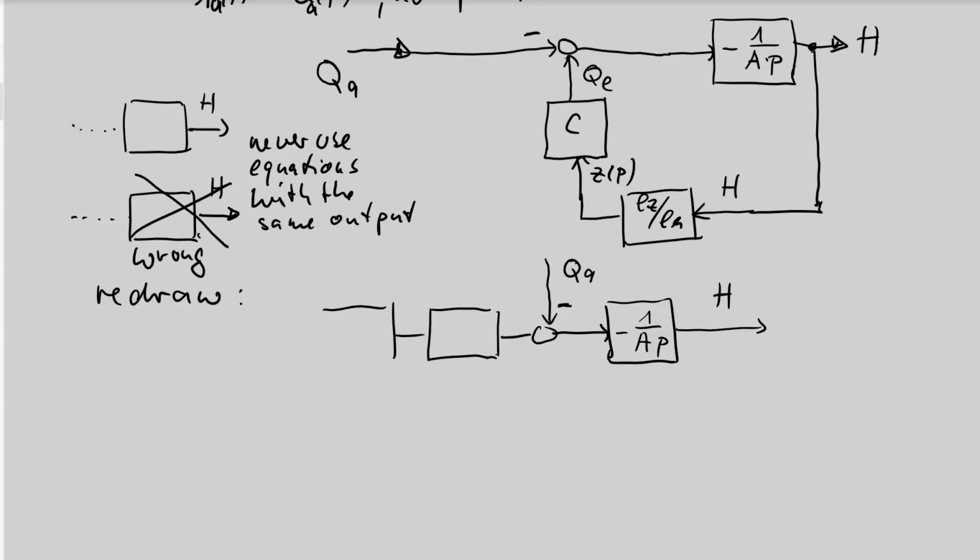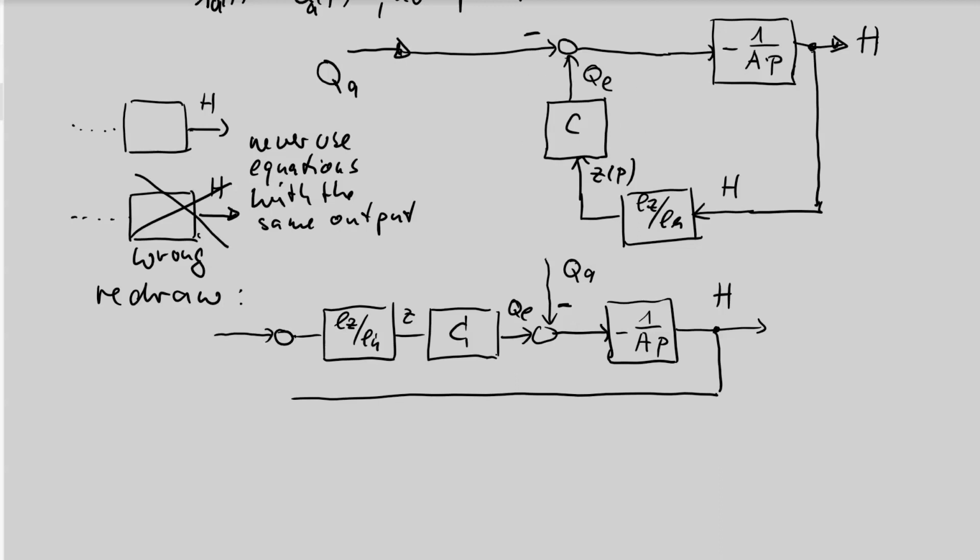The signal block diagram is really the same, and this is LZ over LH. This is Z, and this is the wave constant C, and this is the QE value. Then I have to close my loop, and I now add a new summing point.